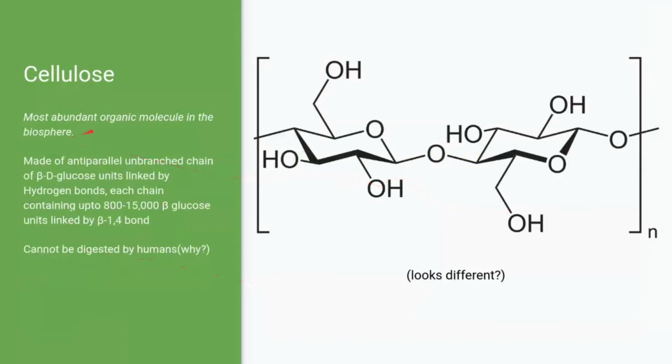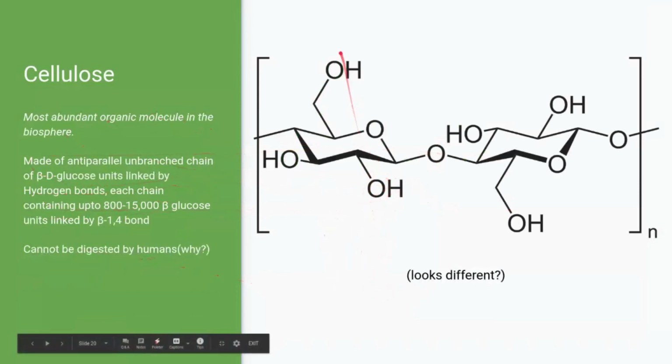So this is the most abundant organic molecule in the biosphere. It's much more abundant than any other polysaccharide you might find. It's composed of very long chains of beta D glucose units, and these chains are weakly bonded by hydrogen bonds. If you didn't know what hydrogen bonds are, it's basically between the hydrogen of one molecule and the oxygen, in this case, of another molecule.